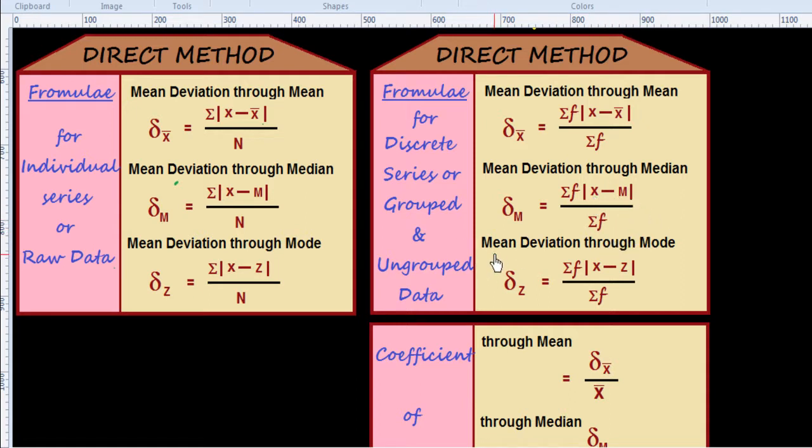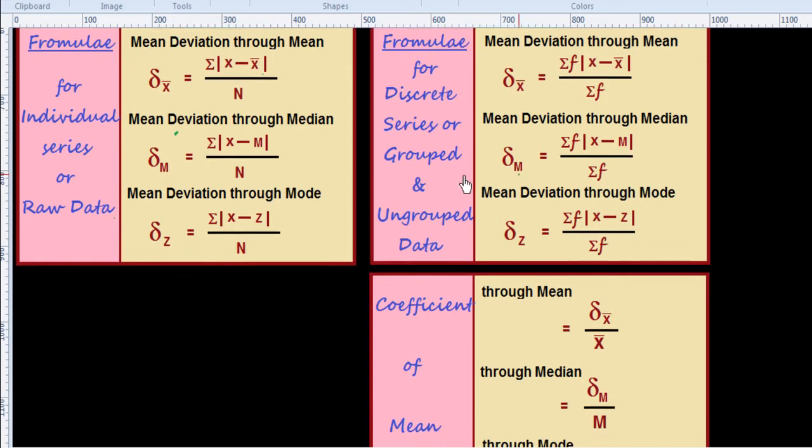And finally, mean deviation through mode, delta z is equal to summation of f into mod of x minus z over summation of f. So in this way we can easily find the mean deviation of various measures of central tendency with the direct method. Now I would like to tell you that these are both absolute measures of mean deviation.